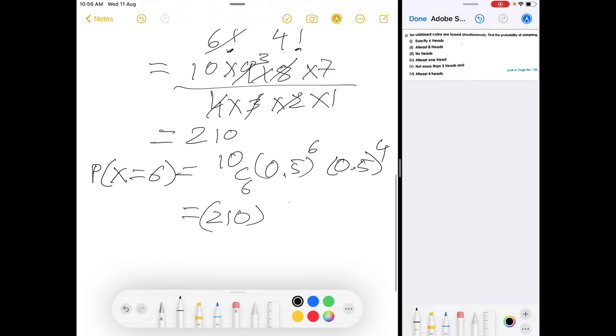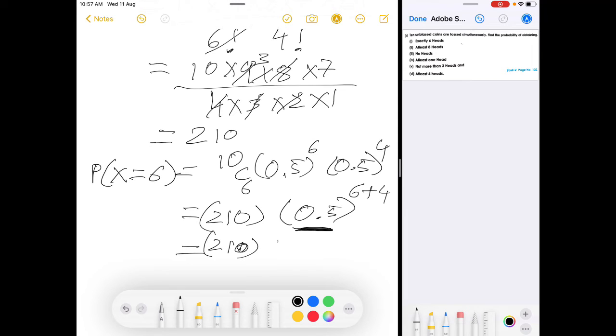For 0.5 to the power 6 into 0.5 to the power 4, we get 0.5 to the power 6 plus 4. How? Because the base is the same. When the number to which we are taking the power is the same, we can add the powers, or you can calculate them separately and write. Either way you will get the same answer. It is just that we are shortening the problem.